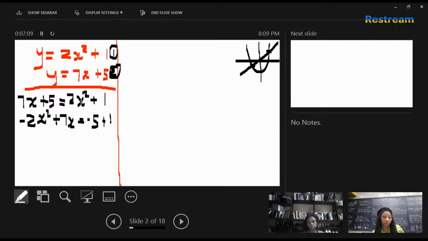Okay, so negative 5 plus 1 is negative 4. So negative 2x squared plus 7x equals negative 4.